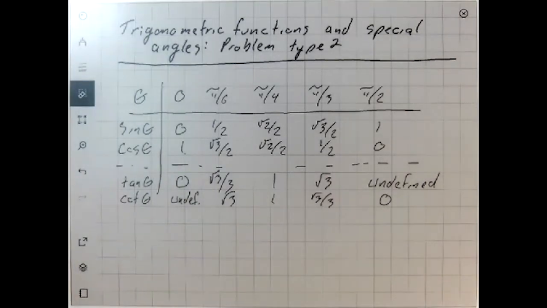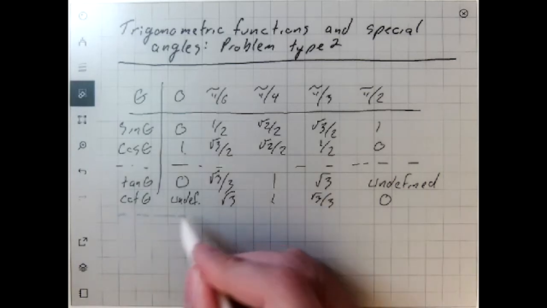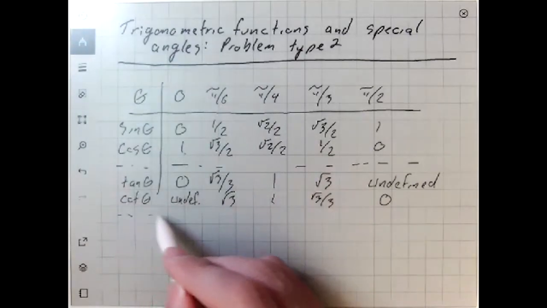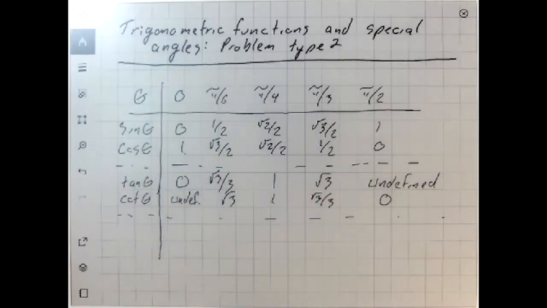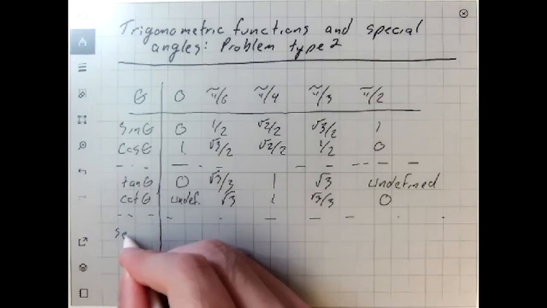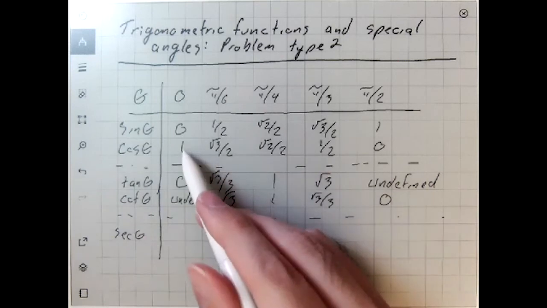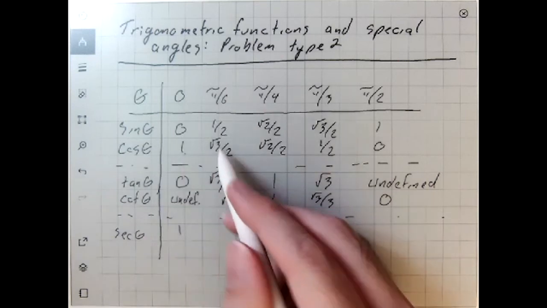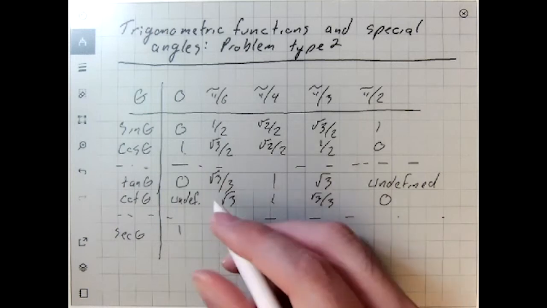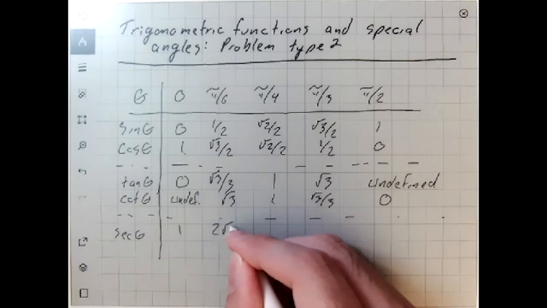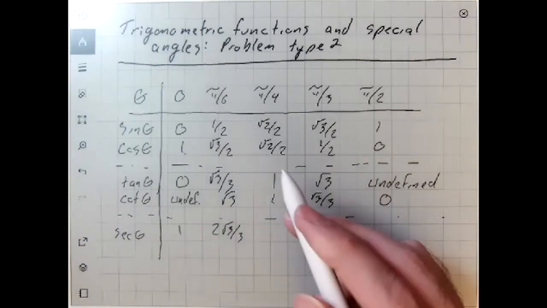We can do the same thing with the secant and cosecant functions. Secant is 1 over cosine. So 1 over 1 is 1. 1 over square root of 3 over 2 is 2 over the square root of 3, which rationalizes to 2 square root of 3 over 3.